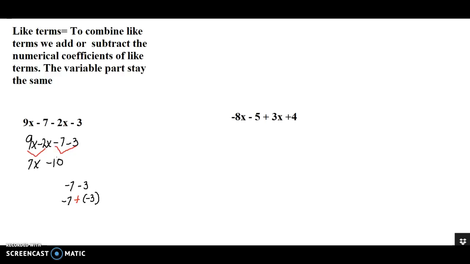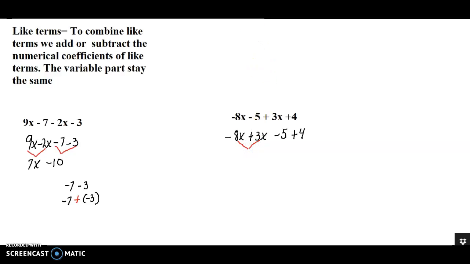Okay, so let's go on to our next problem. We have negative 8x minus 5 plus 3x plus 4. So once again, I'm going to rearrange so that like terms are together. So that it'd be a negative 8x plus 3x, minus 5 plus 4. So we're going to put like terms together. So we're going to combine this.